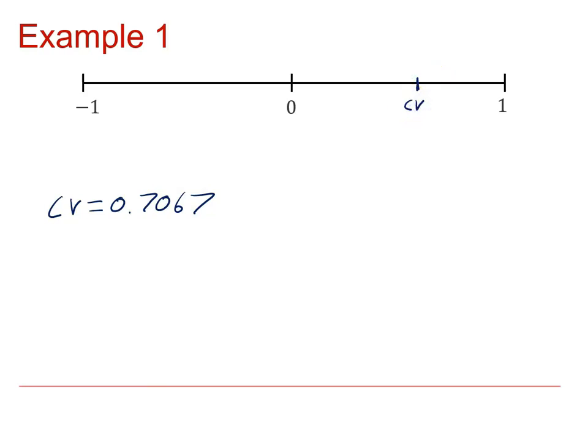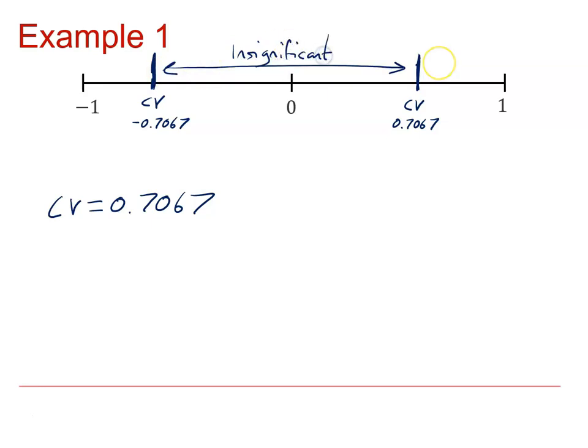Since we're doing a two-tailed test, we're also going to have a critical value on the other side. This means that our insignificant region lies between these two values. And the significant or critical region is anything above this, or anything below this.